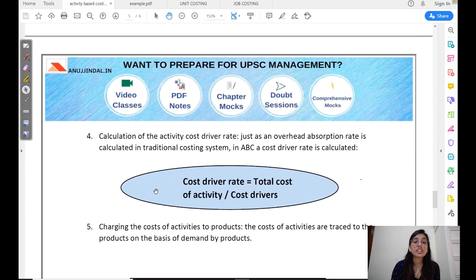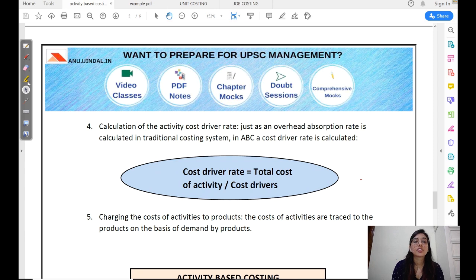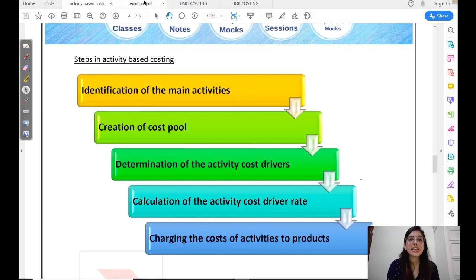Then you need to calculate the activity cost driver rate. How is it calculated? Total cost of the activity divided by the cost driver, right? Then you need to charge the cost of the activities to the product. So finally you have got the cost. Now you need to assign these costs to the cost objects, right? So here is the example.